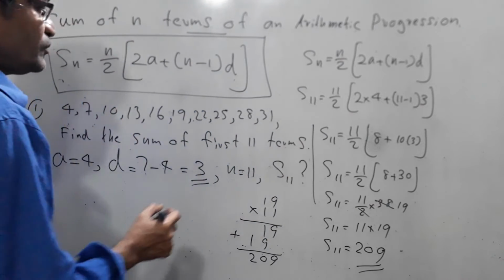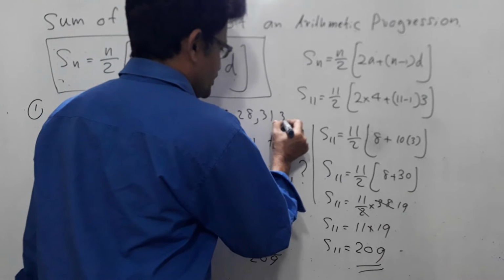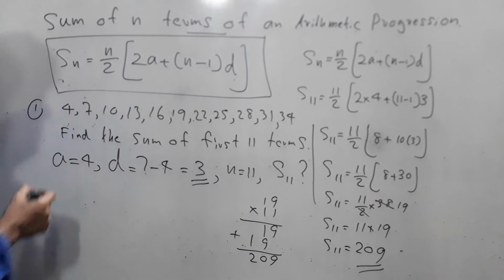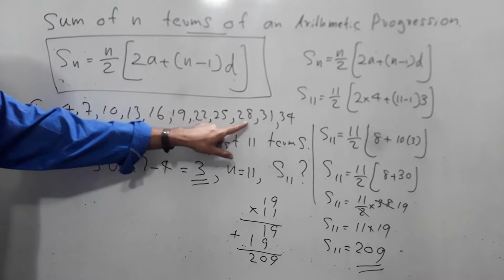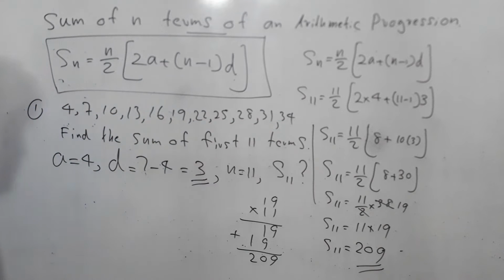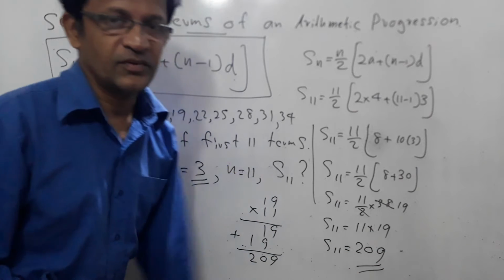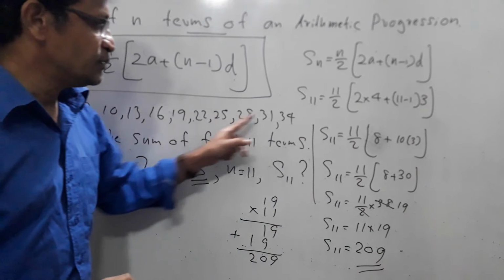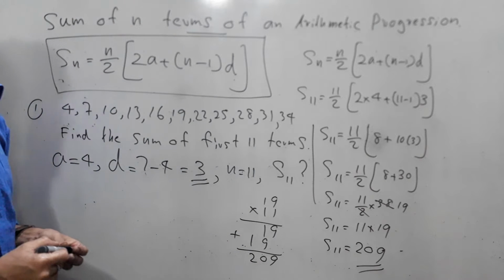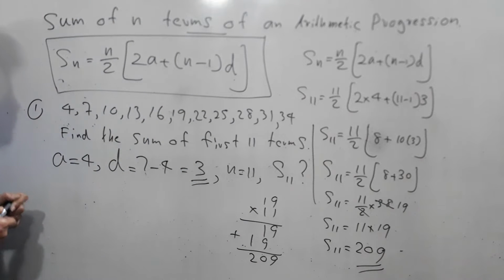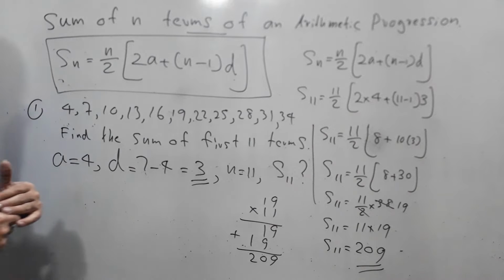Another 3, 34. If you add all these terms, 4, 7, 10, 13, 16, 19, 22, 25, 28, 31, 34, you get 209. But we are not going to add these terms to find the answer. We use the formula.